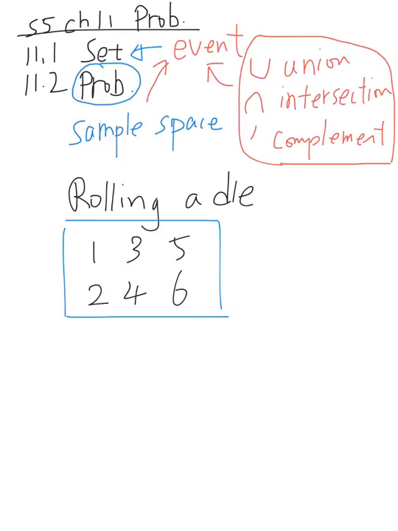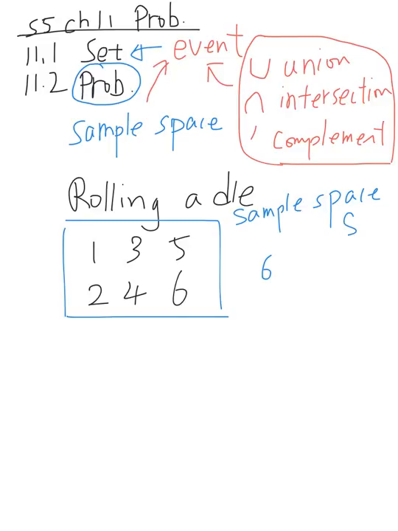For these 6 possibilities, this domain, this area, we call it the sample space. Now let me define this sample space using a notation called S.